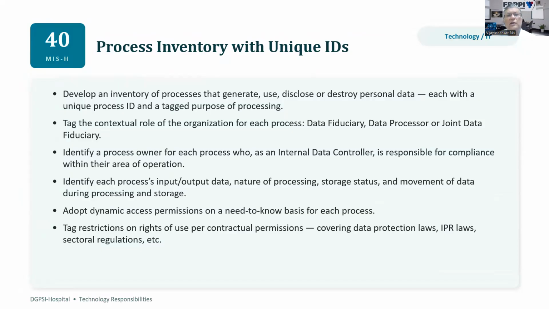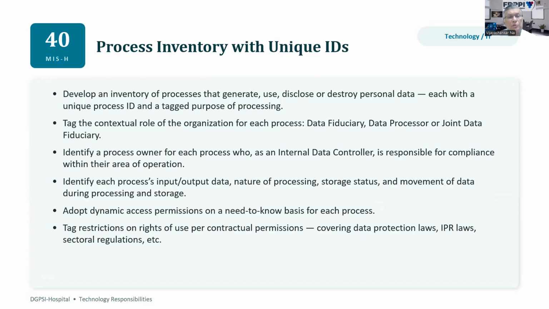So this is an inventory of processes that generate, use, disclose, or destroy personal data. Each process should have a unique process ID. It should be tagged with a purpose, and you should also tag the contextual role of the organization for each process, such as whether the organization is a data fiduciary for this particular process or data processor, etc.